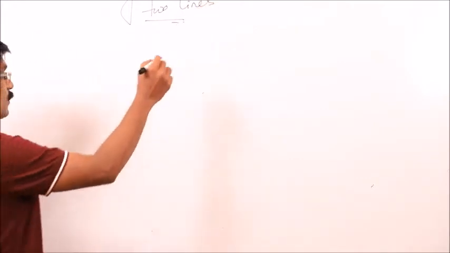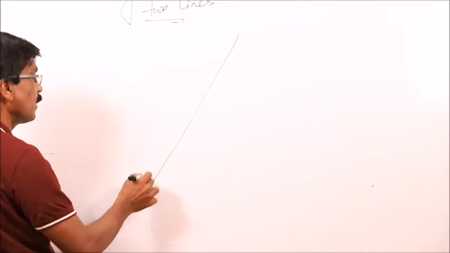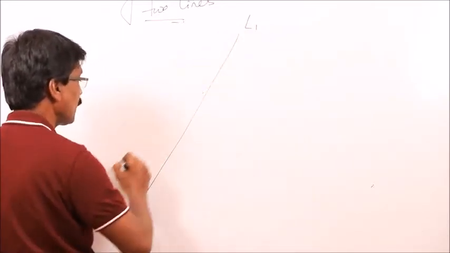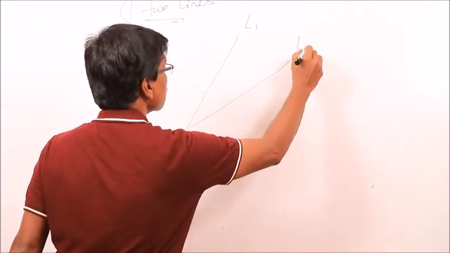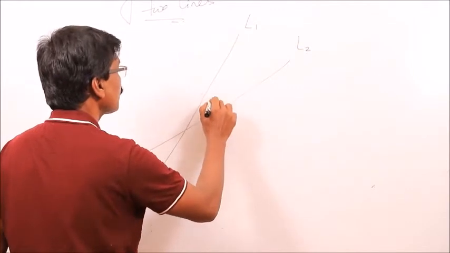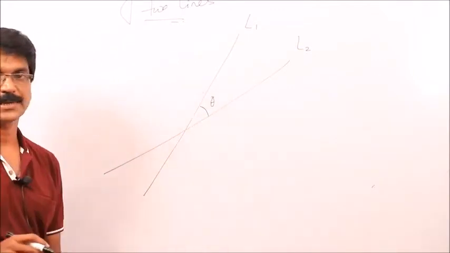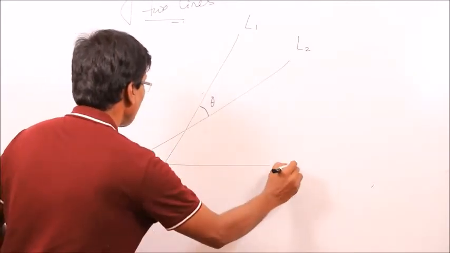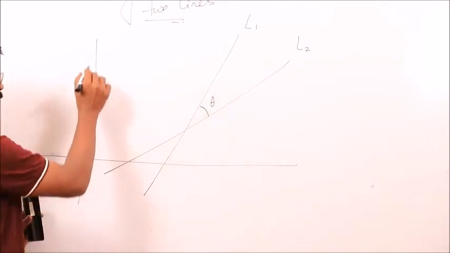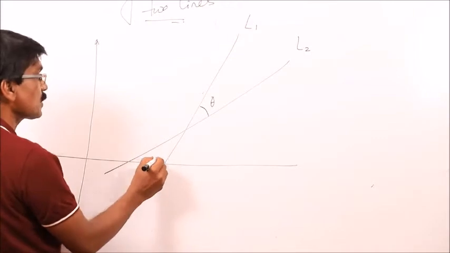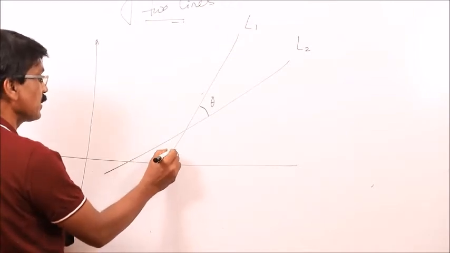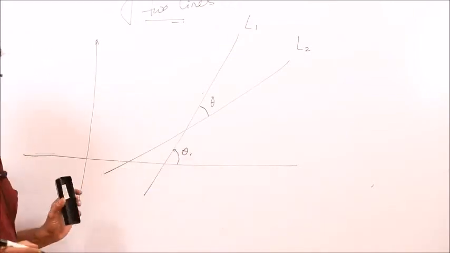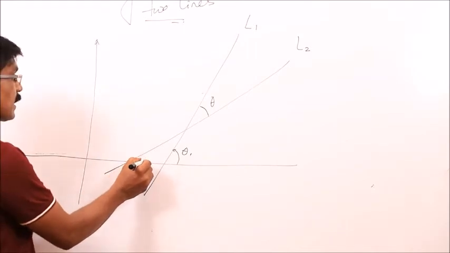Suppose we have two lines L1 and L2 and suppose there is angle theta between L1 and L2, and if we have x and y axis, suppose L1 makes an angle theta 1 and L2 makes an angle theta 2.